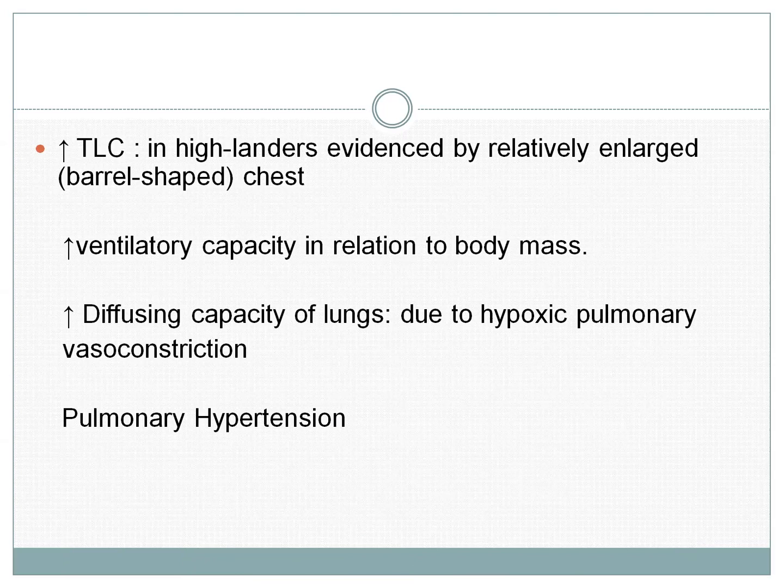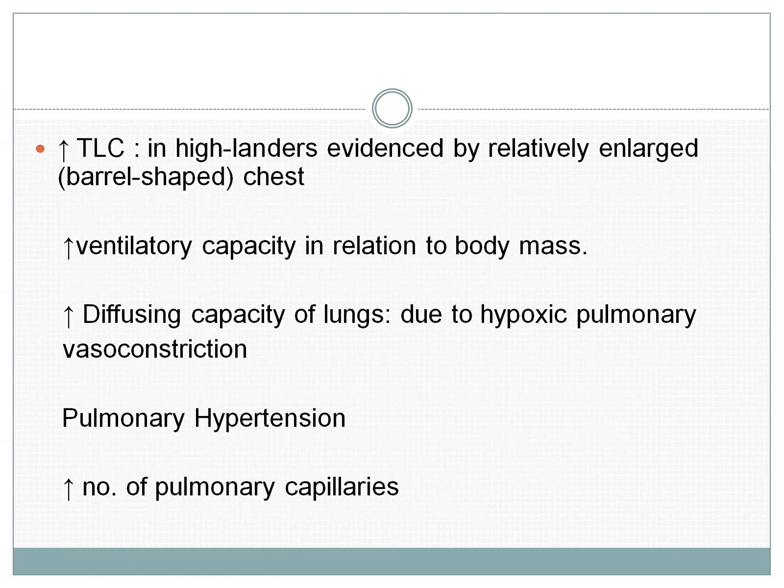So increase in the total lung capacity, increase in the ventilatory capacity, and increase in the diffusing capacity. And all these can lead to hypoxic pulmonary vasoconstriction. Due to that, these changes are occurring and can lead to pulmonary hypertension. So there will be an increase in the number of pulmonary capillaries also.